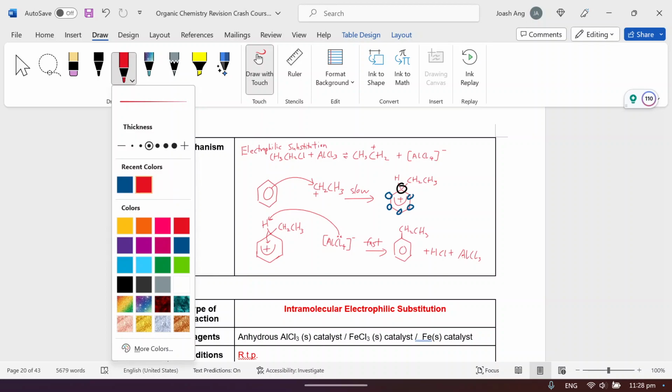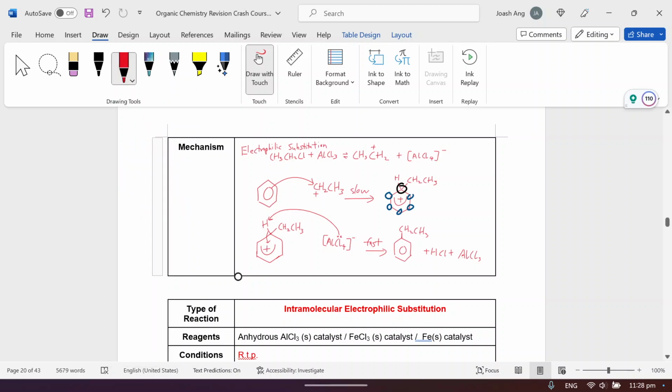So just take note of that. And you can see that the AlCl4 catalyst uses a lone pair of electrons to abstract the proton so that the CH bonding electrons can form back the CC double bond.